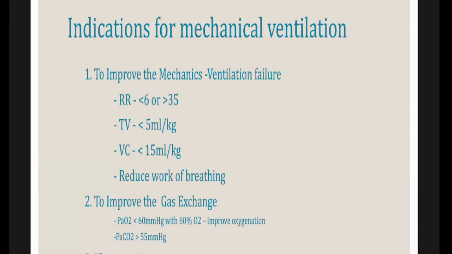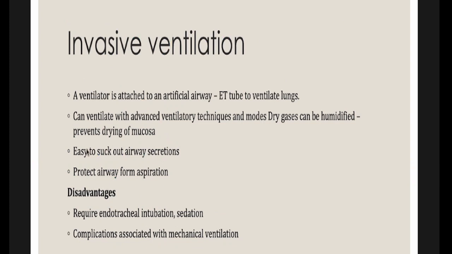Similarly, to stabilize the chest wall in chest trauma, like if you have a flail segment, to prevent the flail segment from damaging the underlying lung, you'll have to prophylactically intubate and ventilate them until the chest wall is fixed. Okay, so in invasive ventilation, these are the sort of steps that we do.